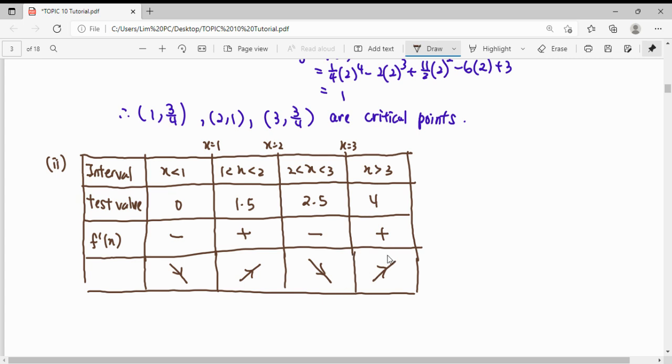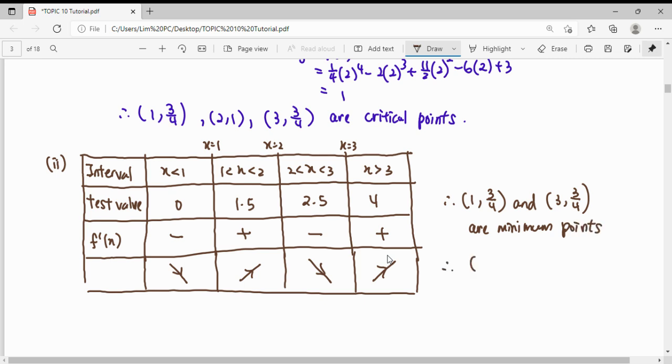So from here we can verify their relative extremum, where we come to a conclusion: 1, 3 over 4 and 3, 3 over 4 are minimum points.